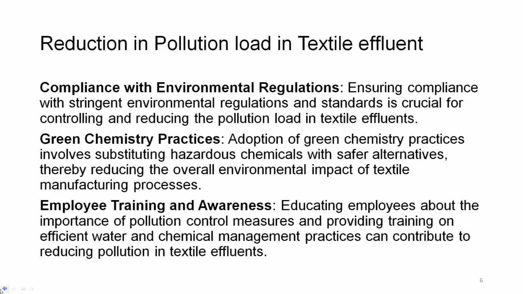Compliance with the environmental regulation. Ensuring compliance with stringent environmental regulations and standards is crucial for controlling and reducing the pollution load in textile effluent, because if compliance for the stringent values of the discharged effluent is not taken into account, what will happen is that we will continue to pollute the water bodies in and around the mill, and therefore, regulations will go haywire.